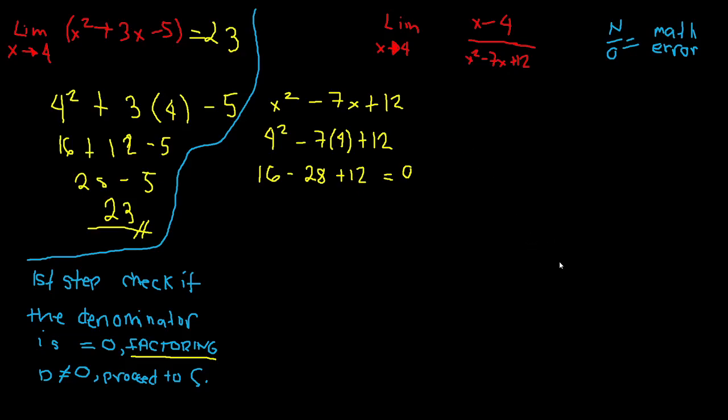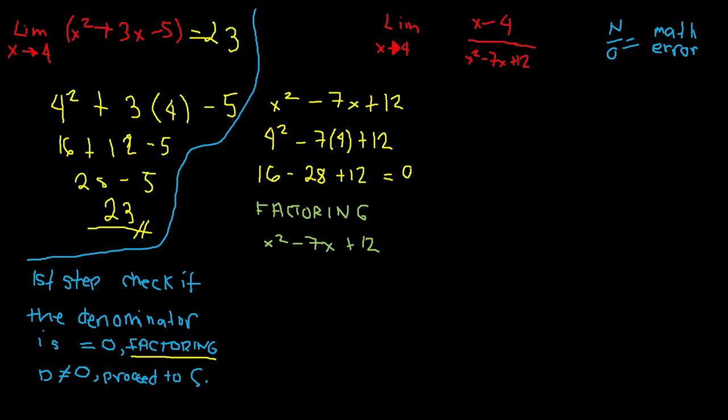So, let me change the color ng ink para hindi tayo malito. So, factor muna natin siya. Factoring. So, x squared minus 7x plus 12. Naalala niyo pa ba kung paano mag-factor?